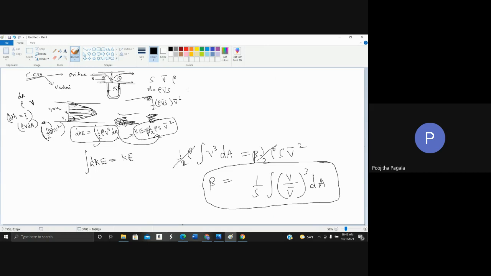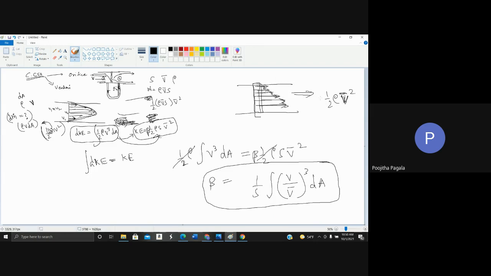So in reality, whenever you are looking at the kinetic energy, it is the summation of kinetic energy at various points along the plane, because the entire fluid is not going to have the same velocity. But instead of calculating the kinetic energy at each and every point and adding it together, you are substituting it by an average kinetic energy, where V bar is the average velocity.